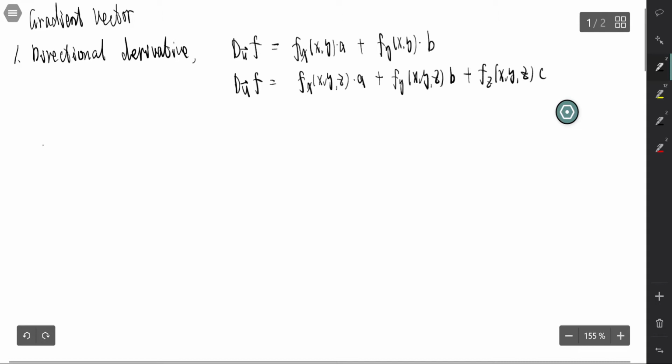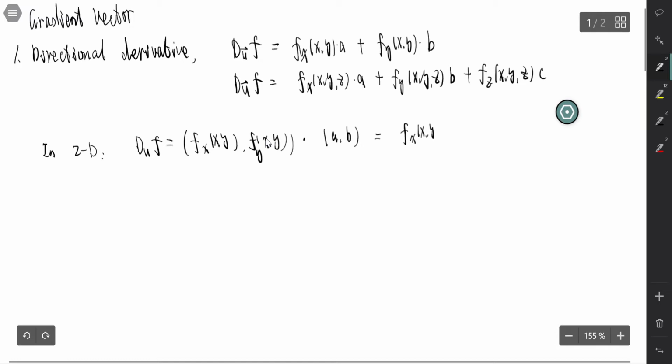In 2 dimensions, D_u f is the vector (f_x(x,y), f_y(x,y)) dot (a, b), that is (f_x, f_y) dot u.